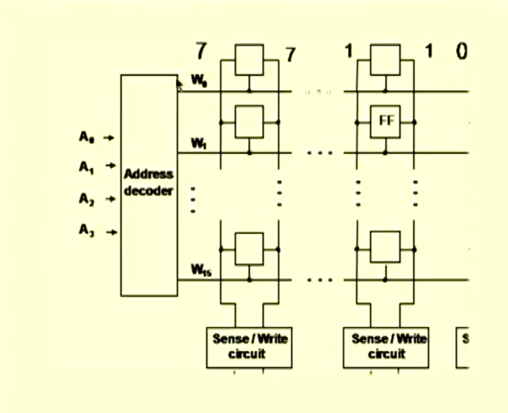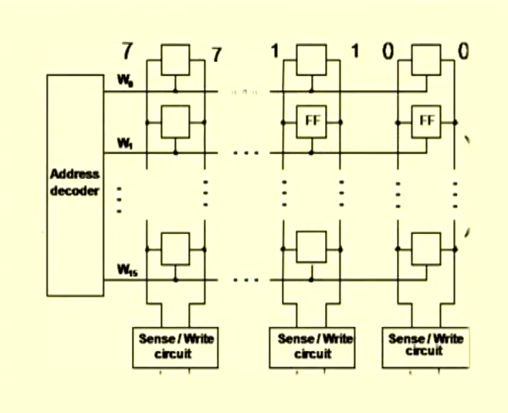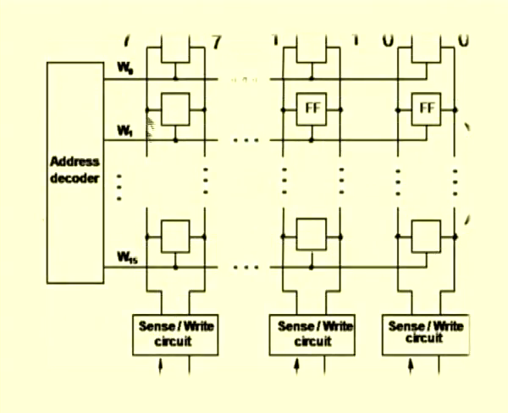At each address, we have 0 to 7, 8 bits which are being stored. These 8 bits will be read out through the sense write circuitry from the particular word line that has been selected. Note that even though all the cells have their left right portion connected to a single line, only the cell selected by the word line will send its input or output to the sense write circuitry.